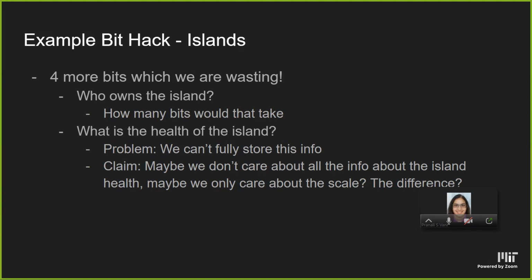And similarly, if we know that the health of the island is 0, it doesn't matter what's in our bit about who owns the island, it must be neutral. Is that clear to everyone? Cool. Because those 2 pieces of information are intrinsically related, we can store the information together.